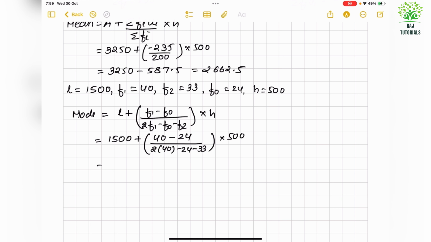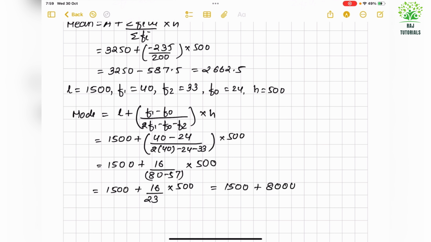So that is coming to 1500 plus 16 by 80 minus 57 into 500. So that is 1500 plus 16 by 23 into 500. So that is 1500 plus 8000 divided by 23. So 1500 plus 347.82. So that is coming to 1847.82.